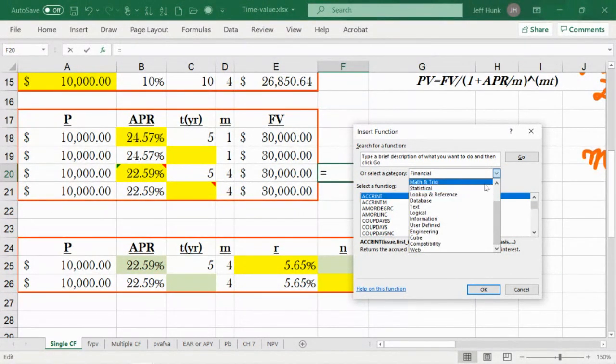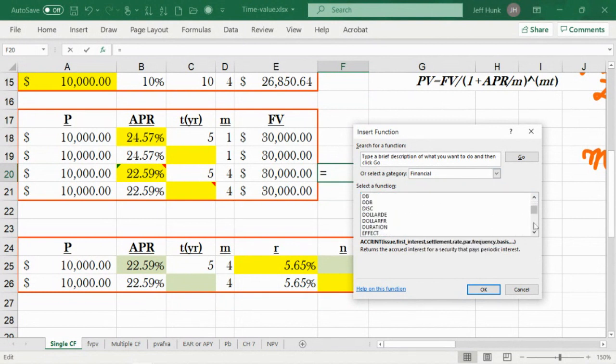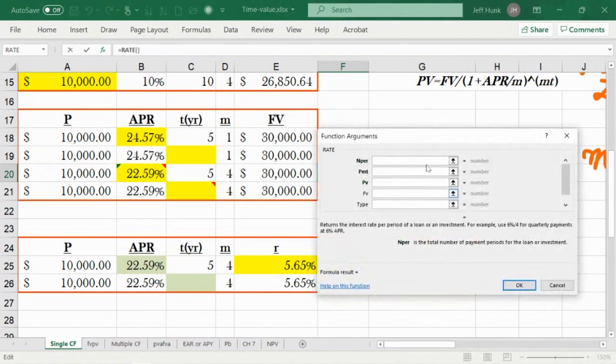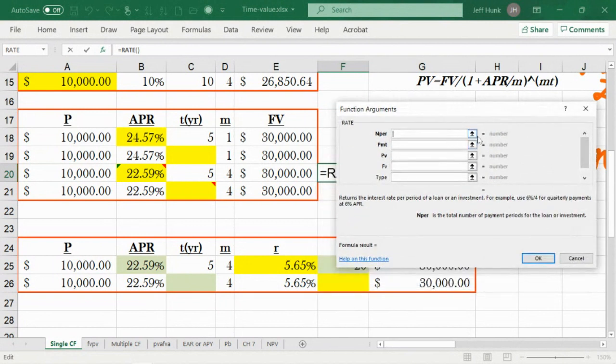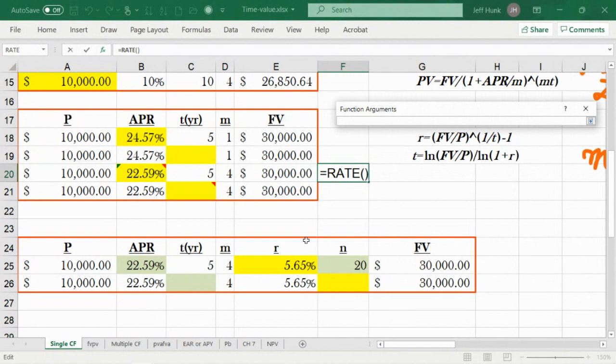Without thinking, you cannot use it correctly, because it's the rate function we need to use, and so rate, and this opens up n periods.